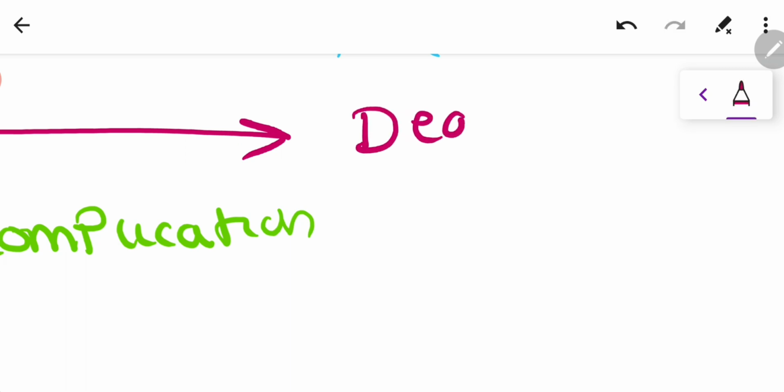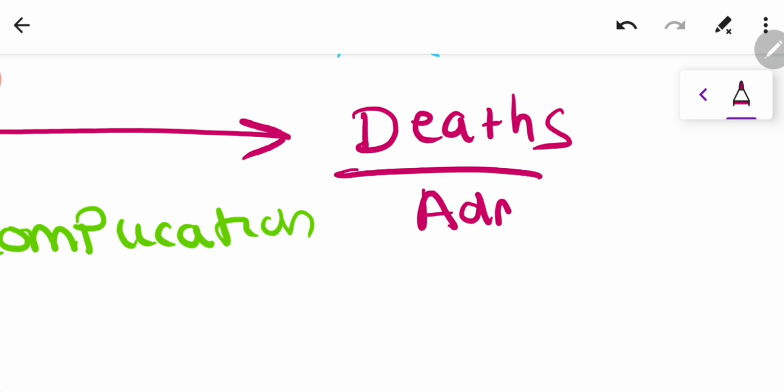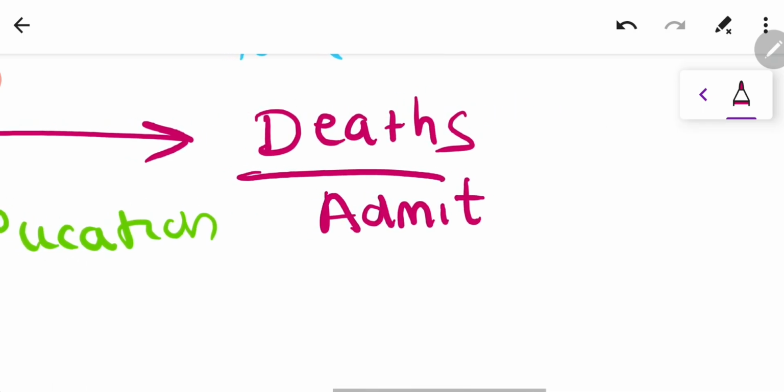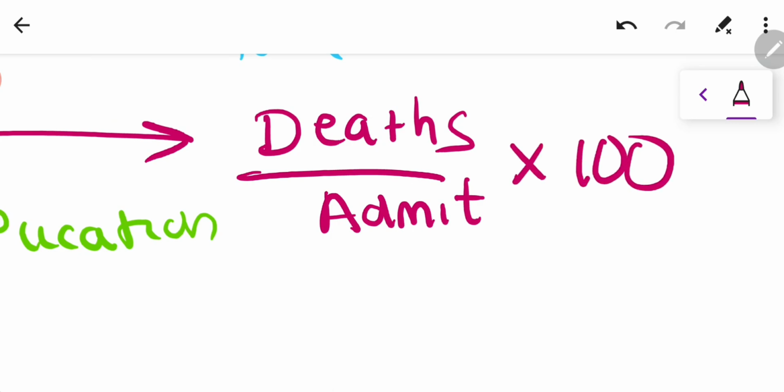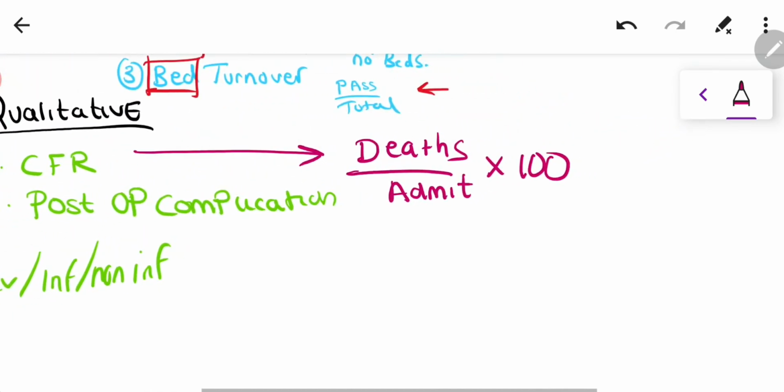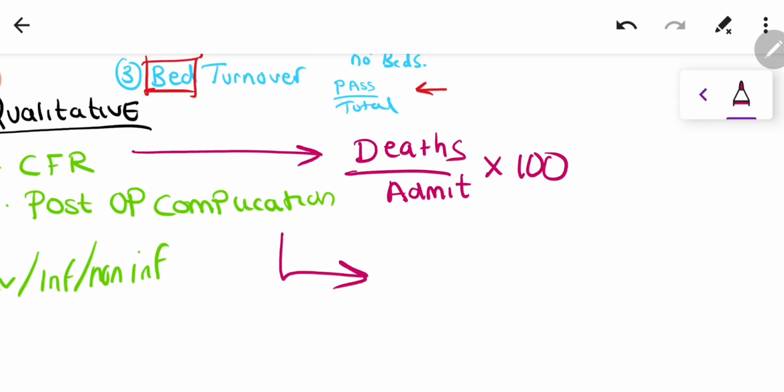Deaths over admittance times 100. Don't forget that. And post-operative complications.